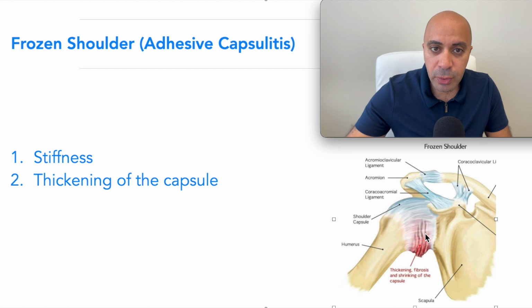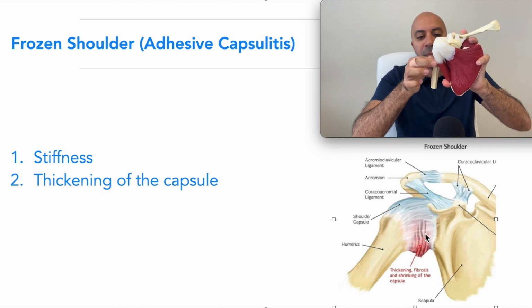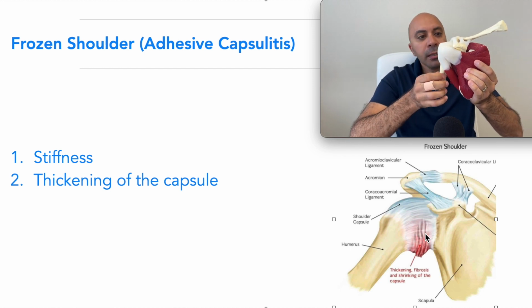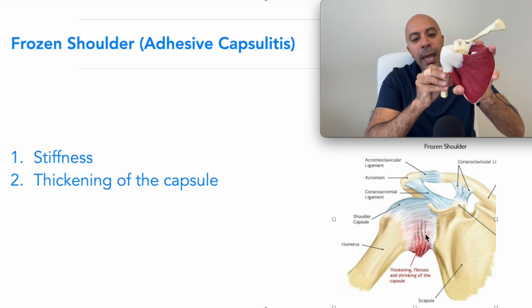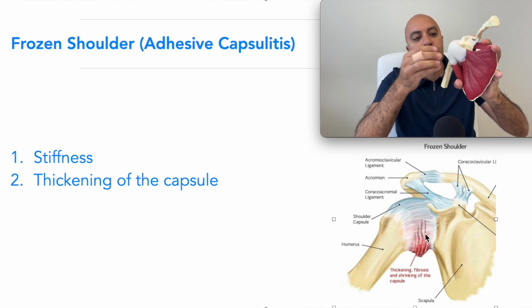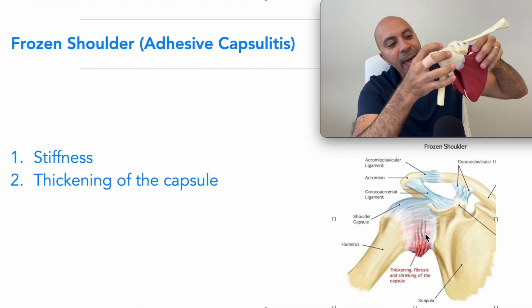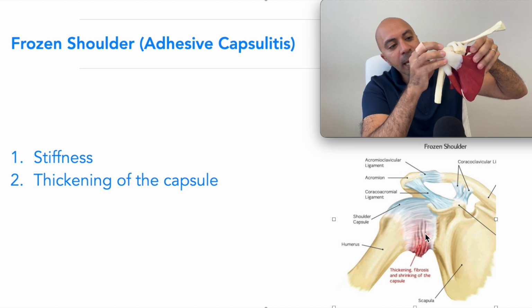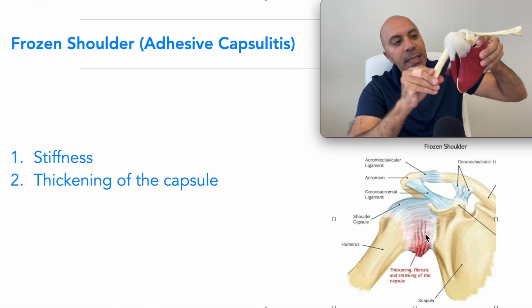I can show it to you here in this model. You have the humerus head here, and the scapula here, and this is the capsule that attaches the humerus head to the scapula. When someone has frozen shoulder, they usually have adhesion, fibrotic tissue, and inflammation in this area, so it limits the movement of the humerus head.